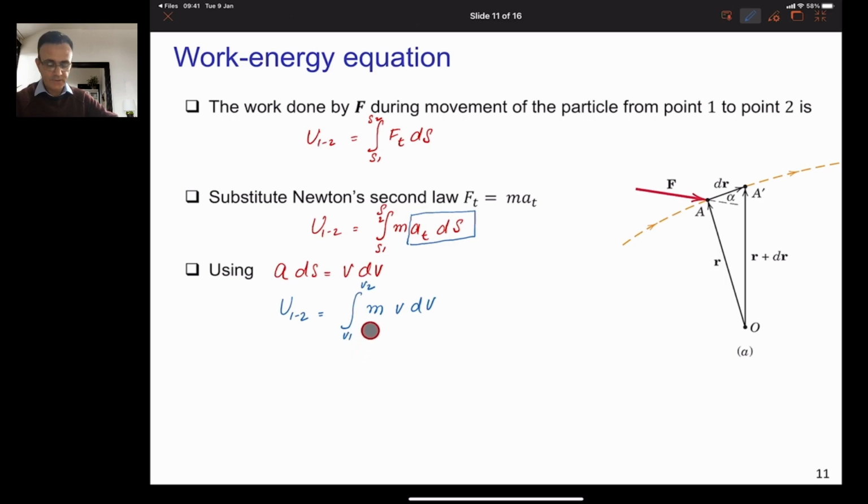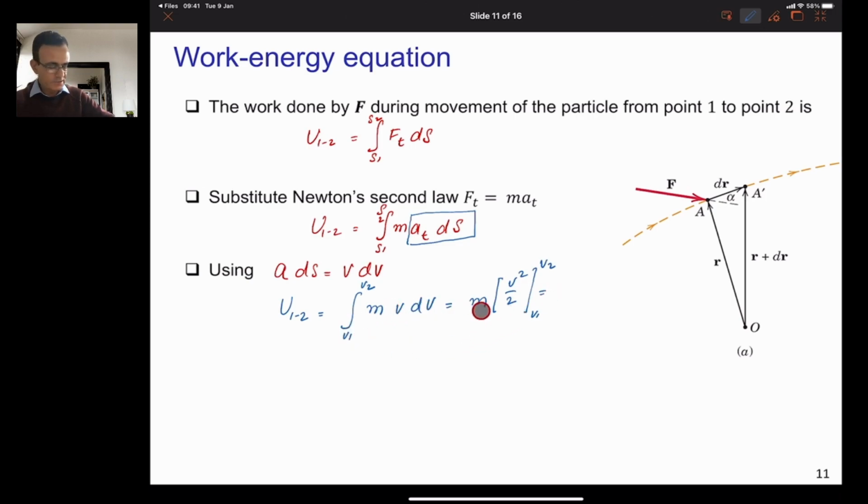Okay, so now if you integrate this equation here, we know that m is constant here. So if you take m as constant, then the thing which will be left inside is v, and the integration of v is v square divided by 2, and then the limits are v1 and v2.